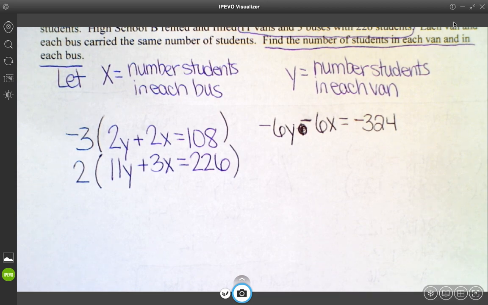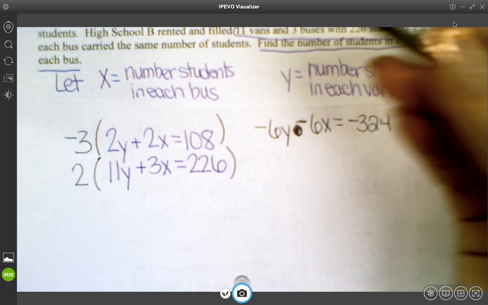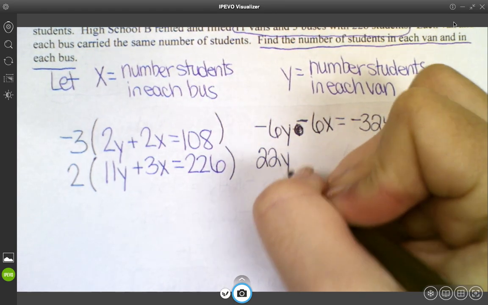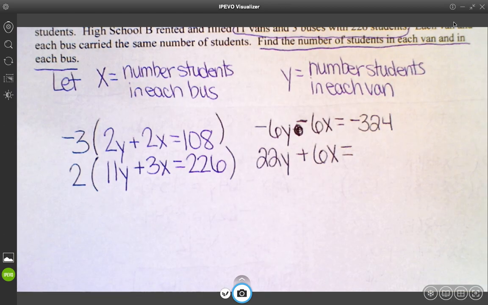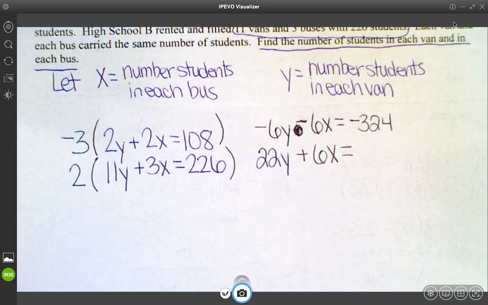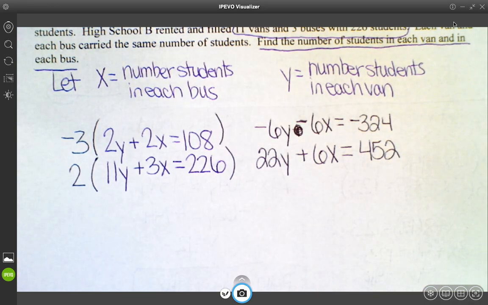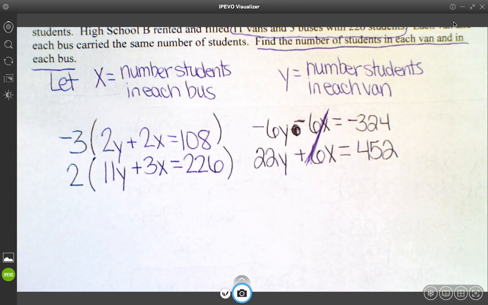Now what about the bottom equation? What's that going to become? What's 2 times 11y? 22y plus 3 times 2 is 6x. Now what's 226 times 2? 452. So we've got our x's to eliminate.